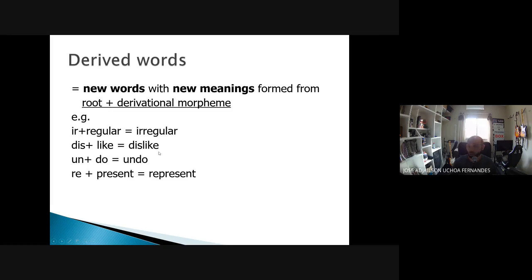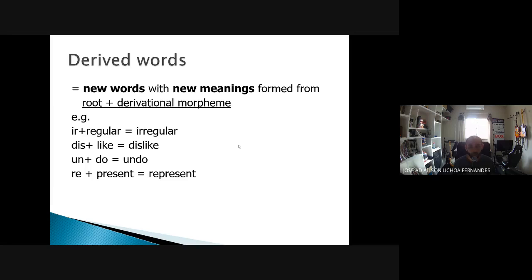Like and dislike as verbs, okay? Do and undo as verbs, and present and represent. They are examples on how to form words by deriving them from a prefix. We have other examples on how to form words deriving them from a suffix. For example, listen and listening.